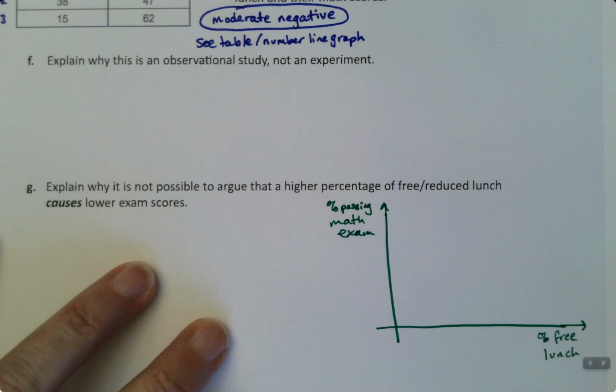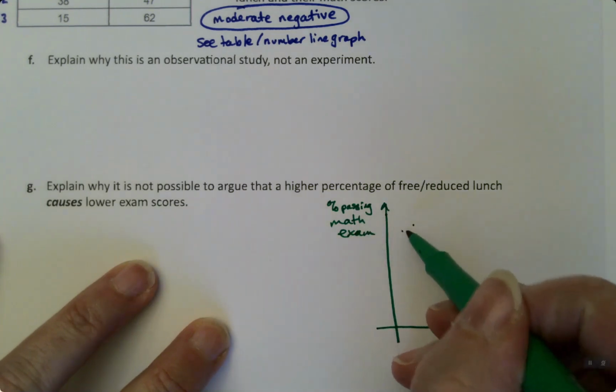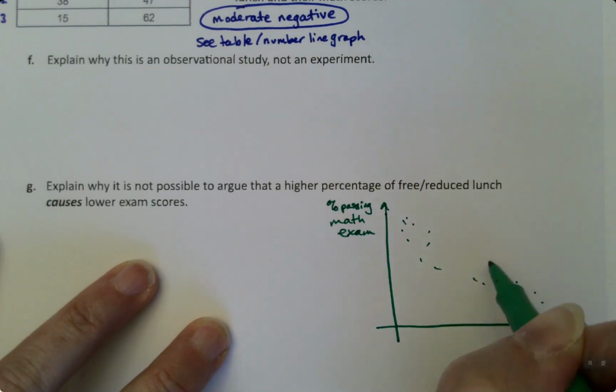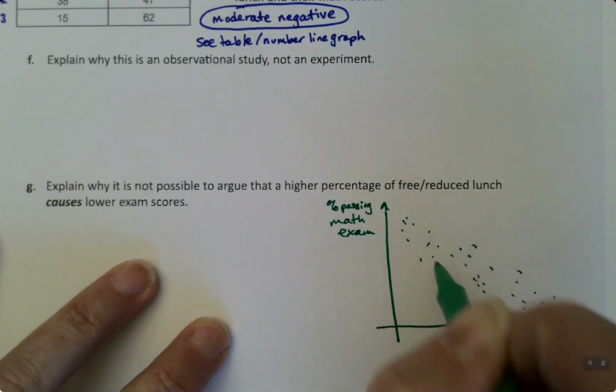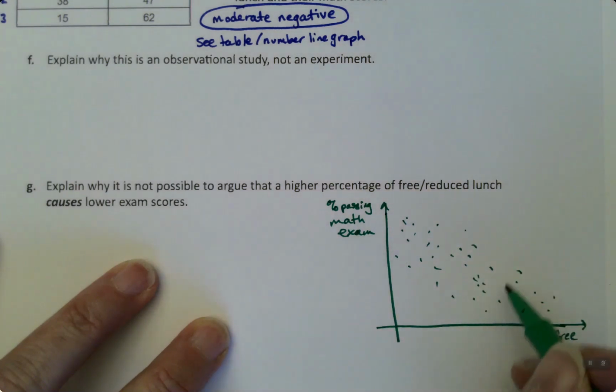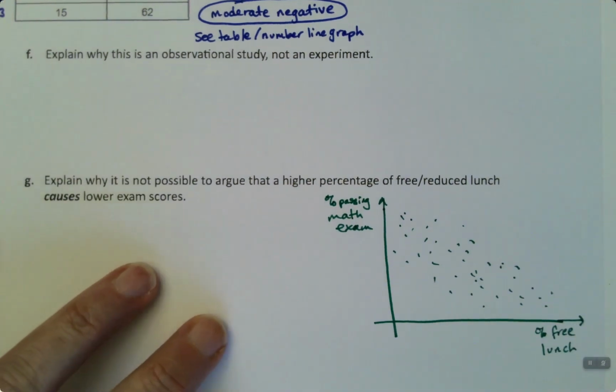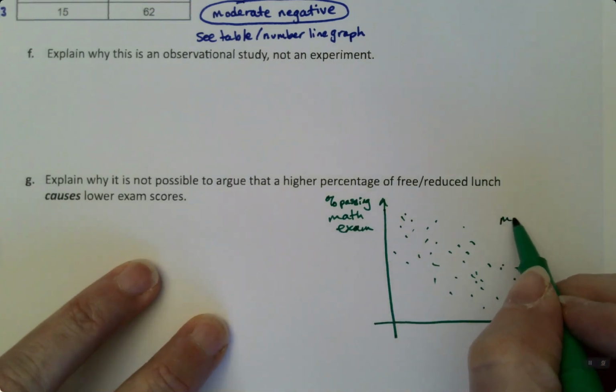A moderate negative relationship means that as free reduced lunch increases, as the percentage of students receiving free reduced lunch goes up, which means you're moving to the right on this graph, your percent that pass the math exams is going to go down. It's moderate, so it's not perfect, but it's going to look something like that. I obviously have way more than 13 in here. I'm expanding this idea past these 13 schools. But that's what we're seeing. This is a moderate negative relationship.